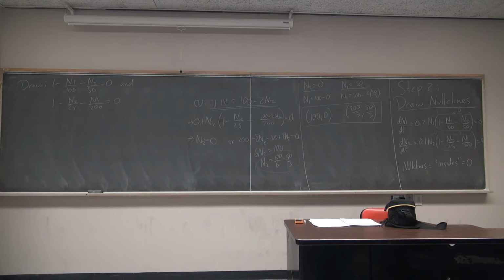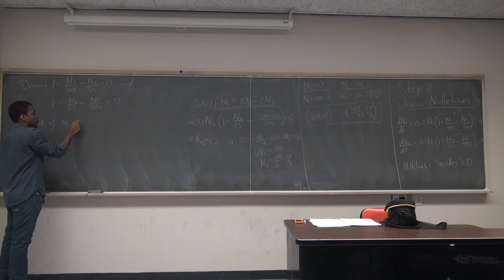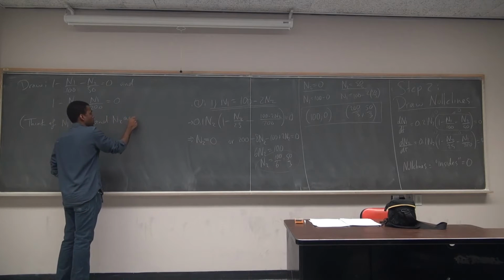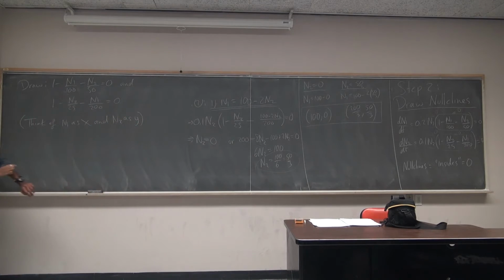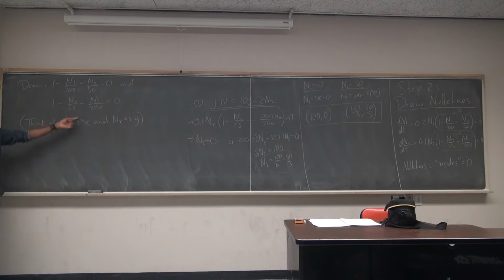I'm going to draw these two lines, right? Think of the n1 as the x and the n2 as the y. So I'm going to draw it on the xy plane. So this is like 1 minus x over 100 minus y over 50 equals 0, and 1 minus y over 25, and so on.